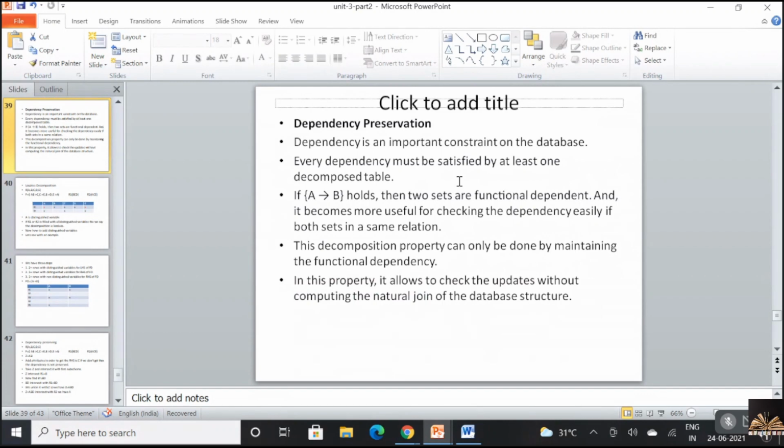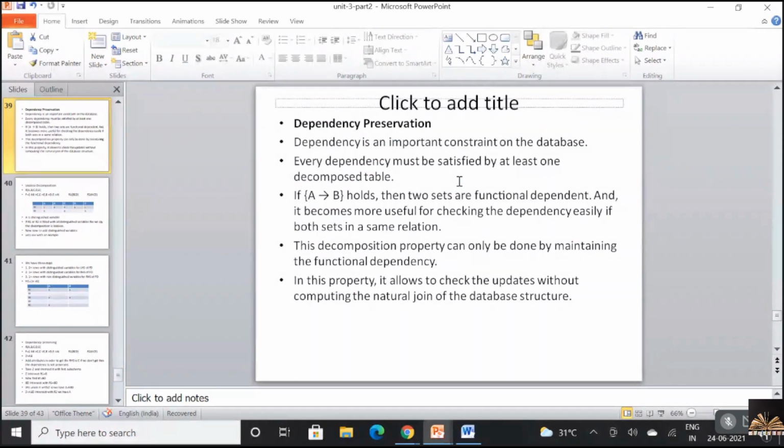So if I had 5 dependencies with respect to relation capital R, and even one dependency is not preserved, then I say that this leads to non-existence of dependency preservation. So whatever decomposition you have done is not preserving the dependencies that were existing.